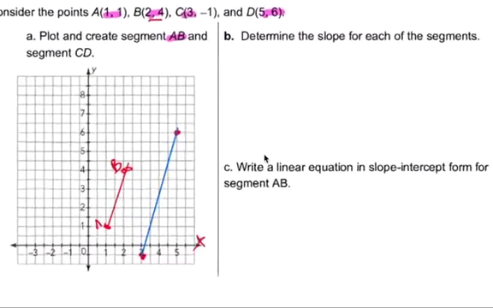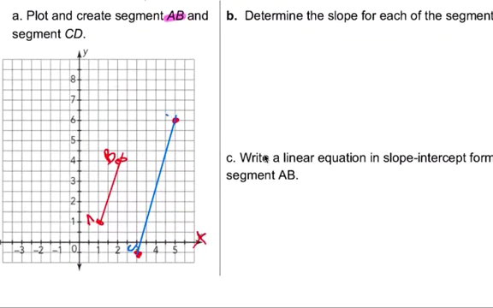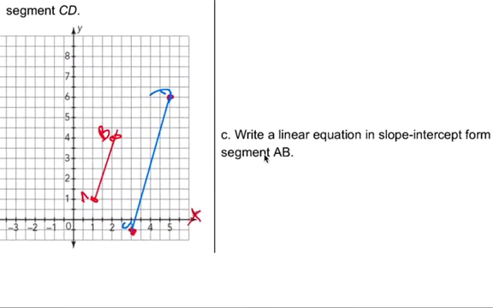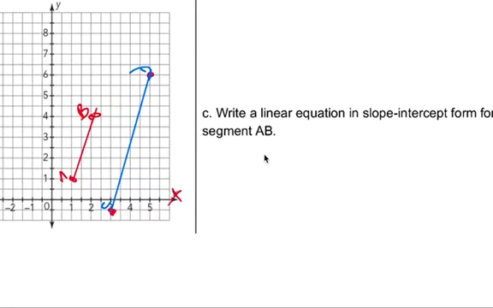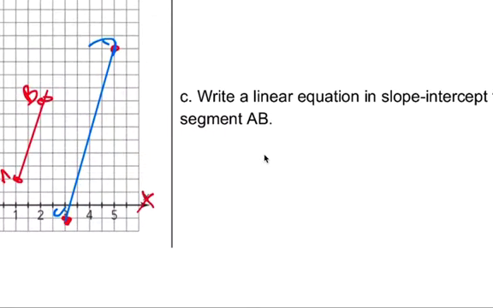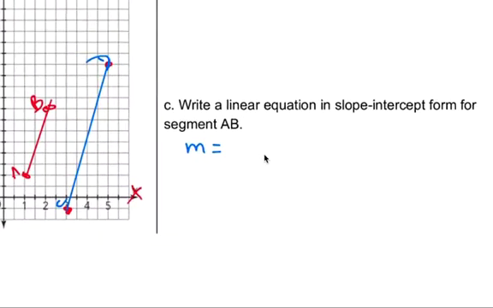And that is C to D. Determine the slope of each segment. You know how to do that. Write in slope-intercept form for A, B. So you know how to find b. So find slope first, and then find the y-intercept.